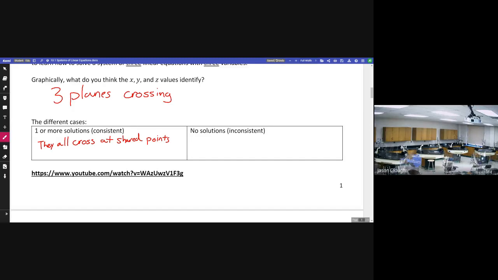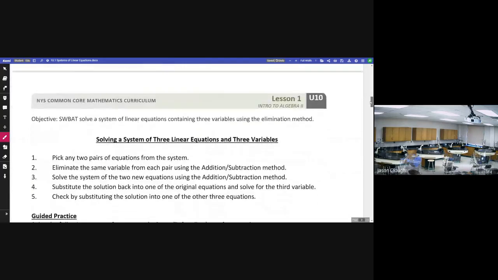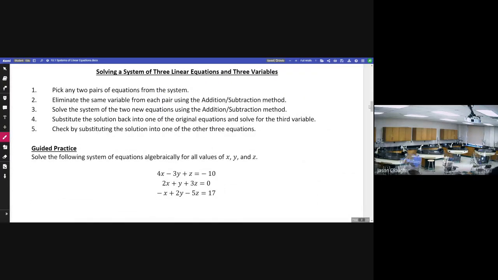And then no solutions mean they don't all cross at shared points. So they may cross, but they may cross at completely different points. I highly recommend that you watch this video. I'll link that as well, as it gives a very good visualization of everything that is going on with crossing lines and all that.